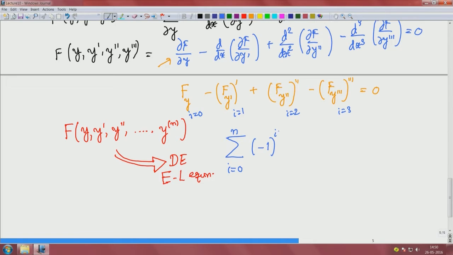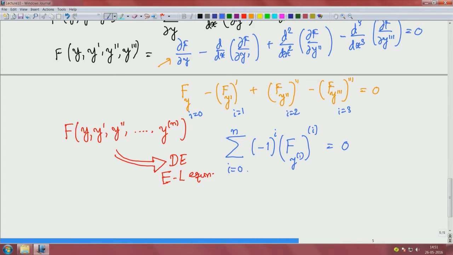So, minus 1 raised to 0 is 1, and when i equal to 1, that is a minus sign, so minus 1 raised to 1 remains minus 1. When i equal to 2, that is the third term here, that will become positive, negative, we have that, and then we have f y. I will indicate that we are taking the derivative of y prime, y double prime and so forth, and all of this we have to take the derivative i times.